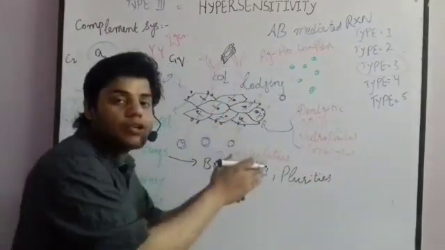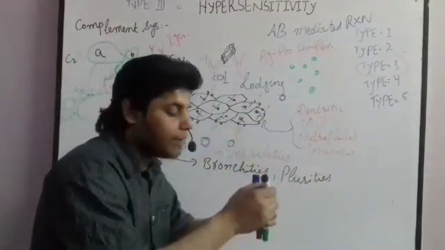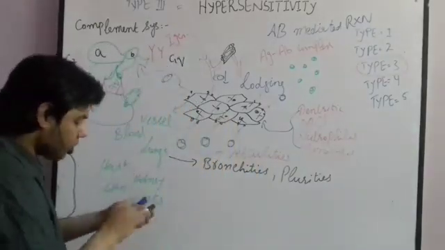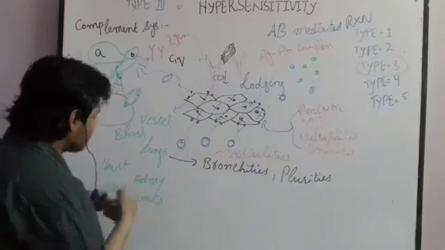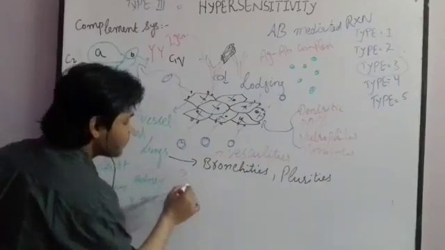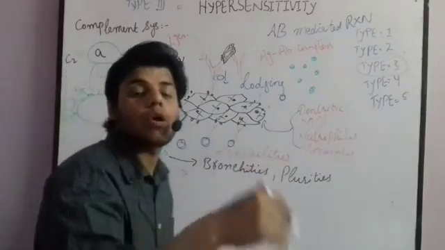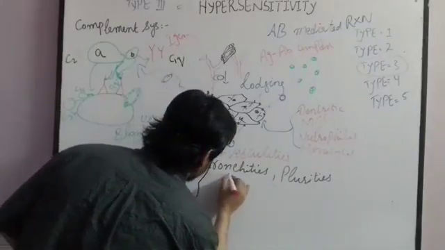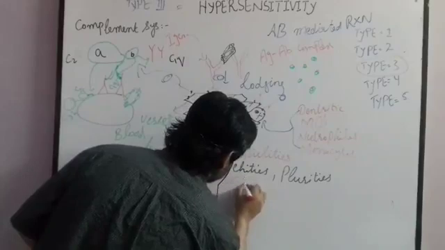If these epithelial tissues are destroyed, and they are part of the heart, then this may cause inflammation inside the heart, which we call myocarditis. So let me write myocarditis.